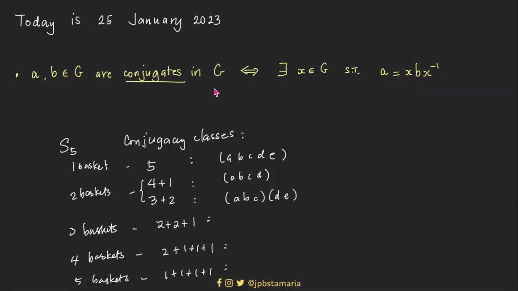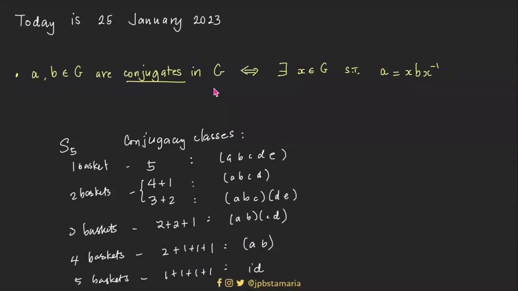Kasi that's possible in S of 5. In 2 plus 2 plus 1, ito yung product ng dalawang 2 cycles na disjoint. Ito naman mga 2 cycles lang. At syempre, identity. Mag-isa ulit siya sa kanyang class. Pag nilista mo lahat yan, 120 dapat lahat yan. Di ba? Kasi 5 factorial.